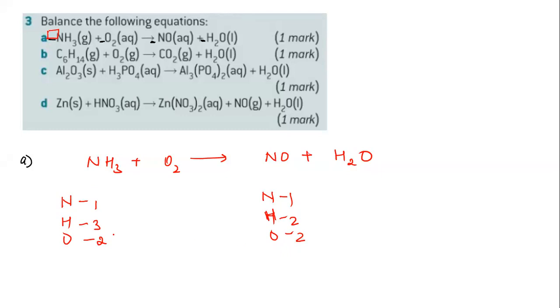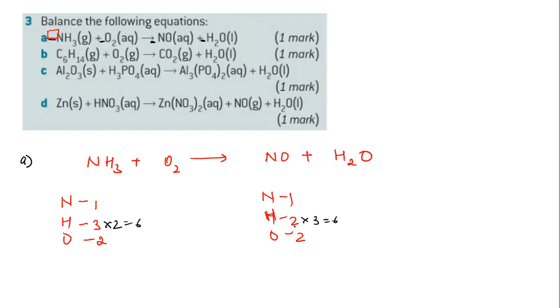And if you are going to change something with hydrogen, then this oxygen will also change. Now here you have 3 hydrogen and here we have 2 hydrogen. So how to make them equal? If I multiply this by 2 and this by 3, it will become 6.